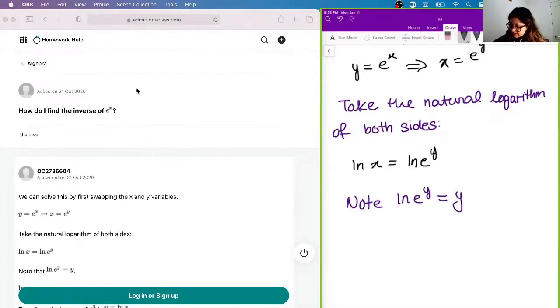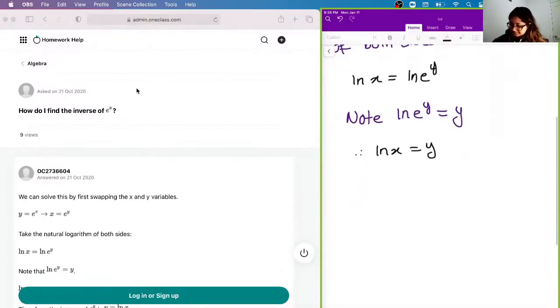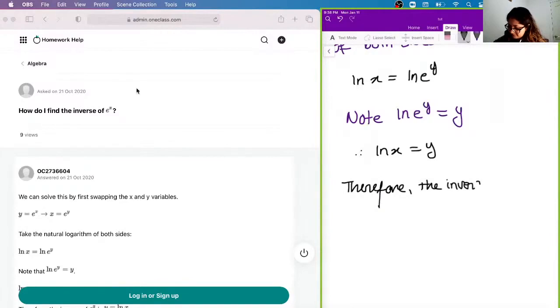And so lastly, we have ln of x is equal to y. Therefore the inverse of e to the power of x is y equal to ln of x.